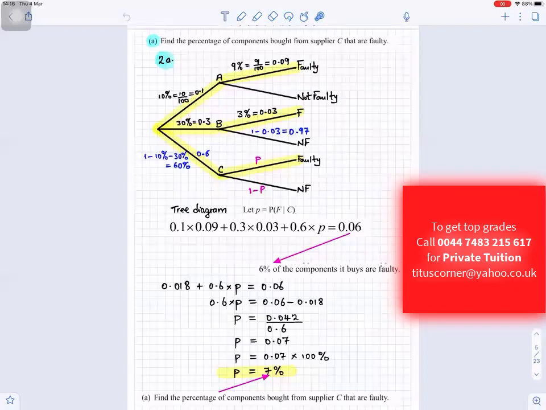So with the tree diagram, we want the probability of faulty.